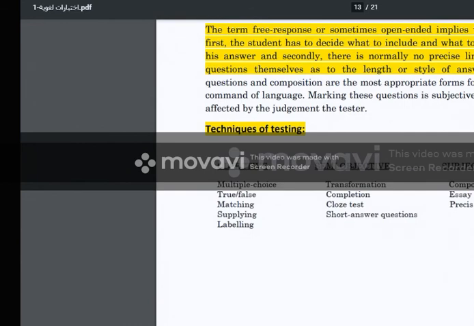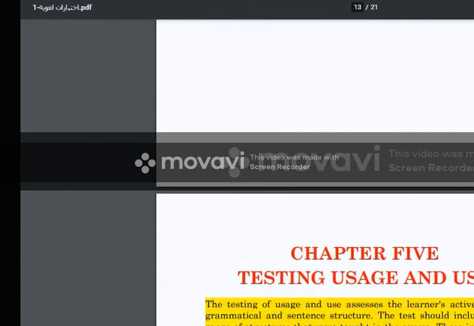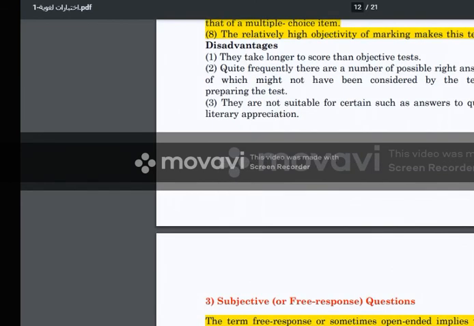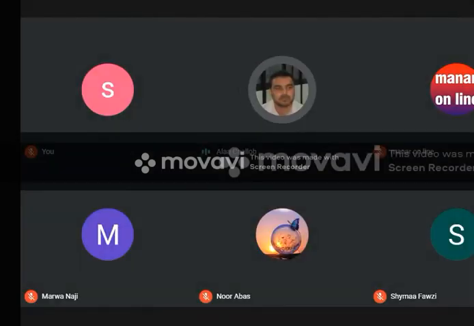When I design a true false test or multiple choice test, this is objective in the sense that when my brother selected B instead of A, which is the correct alternative, this is a wrong answer and cannot be considered a right answer, even though the examinee is my brother, for example, or my son, or my daughter, and so on. So this is why we call it objective tests.